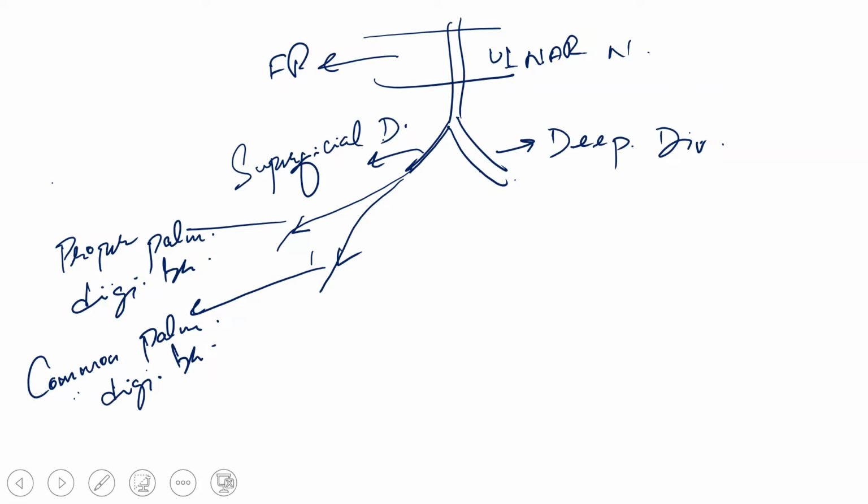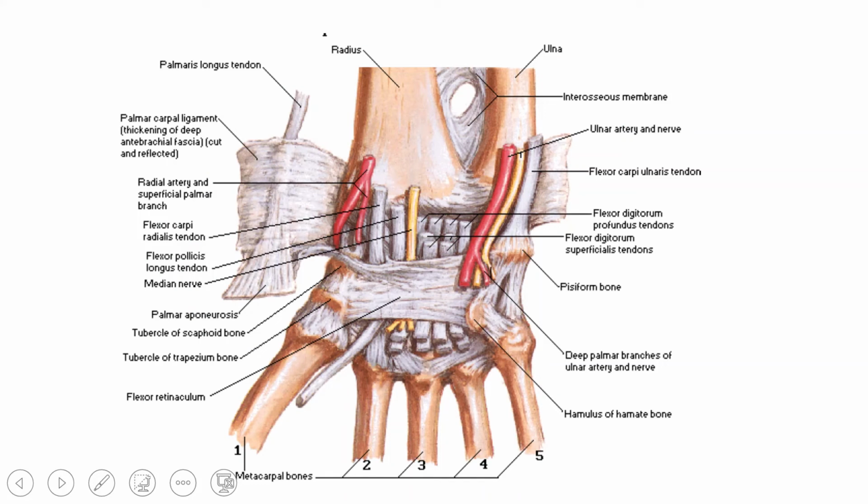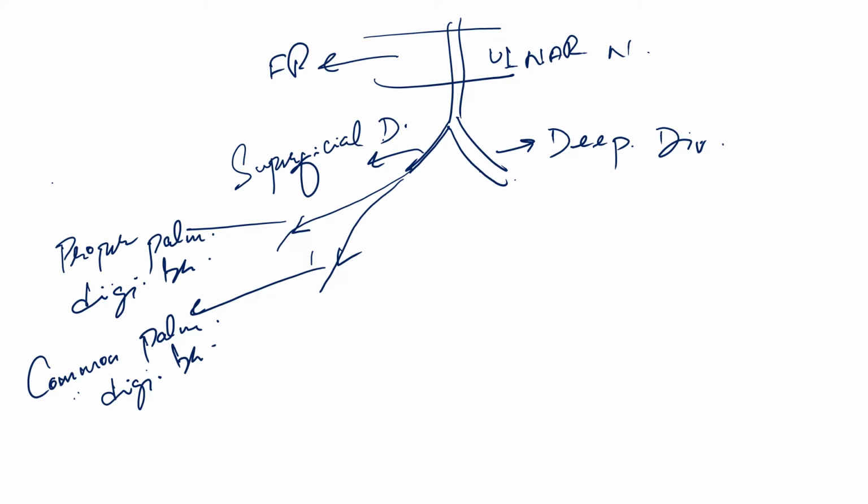The proper palmar digital branch supplies the ulnar side, or the medial side, of the little finger.